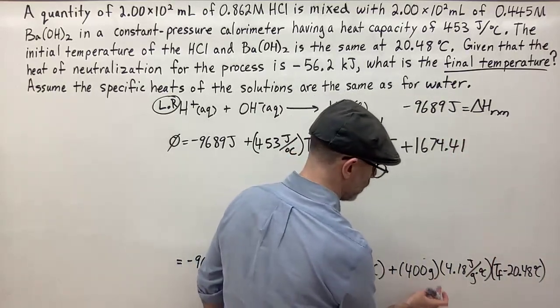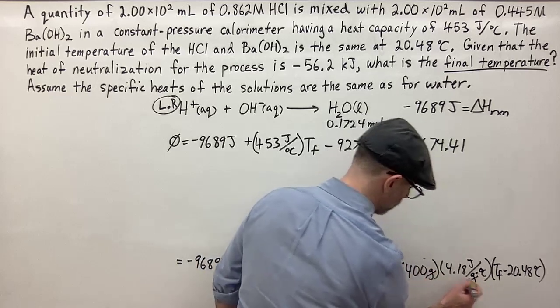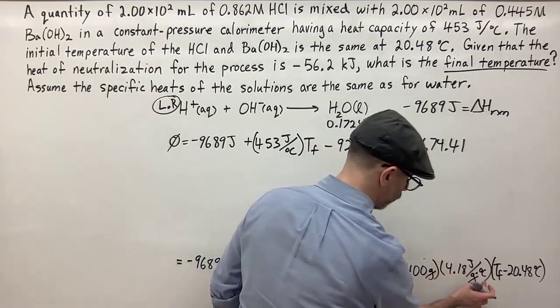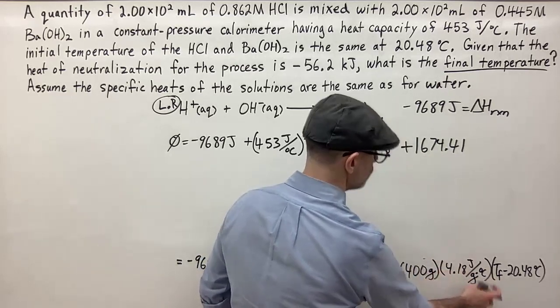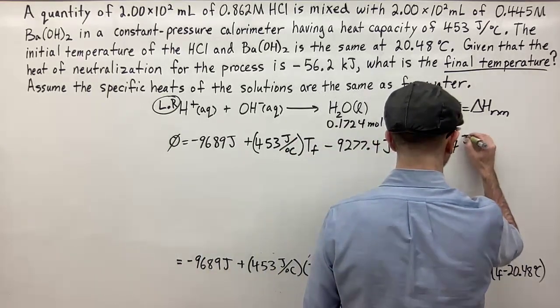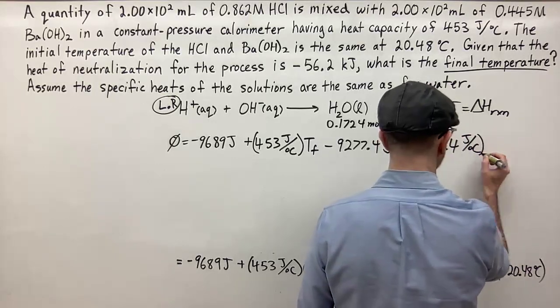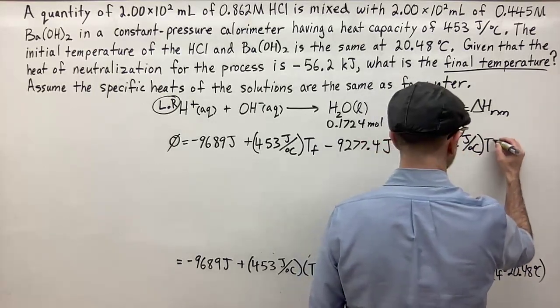Here again, the grams cancel out, so I'm left with joules over degrees Celsius again, and that's going to be multiplied by TF.